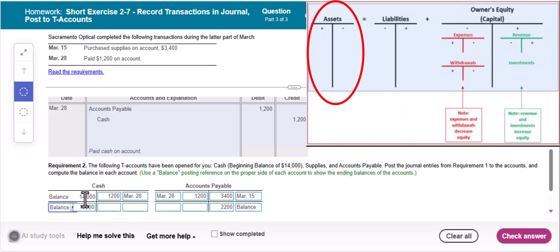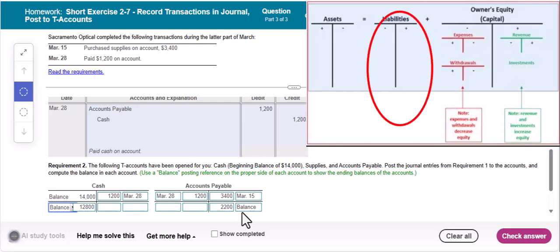So now you can answer your boss's question. We've got $12,800 cash. Now your boss also wants to know how much accounts payable we have, and we have that here, the 2,200. The reason this is on the credit side is because the plus side for accounts payable, a liability, is on the right side, the credit side.